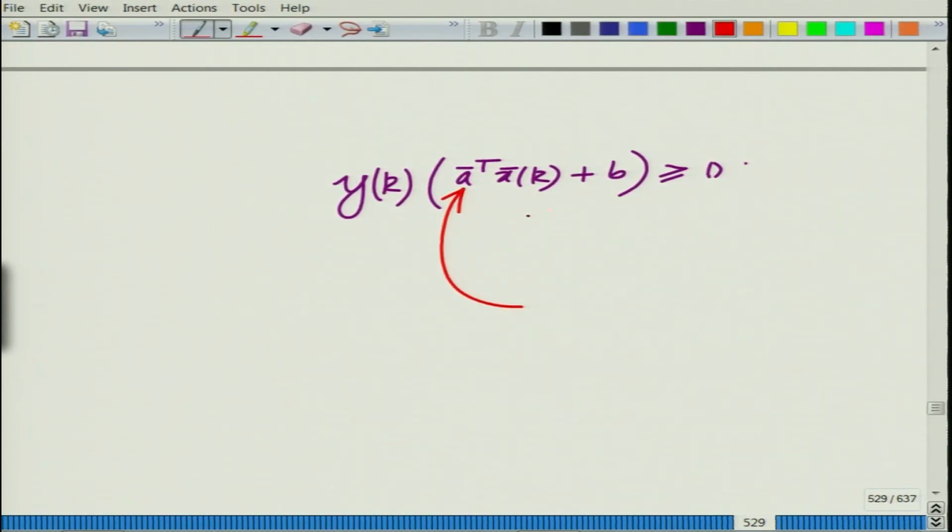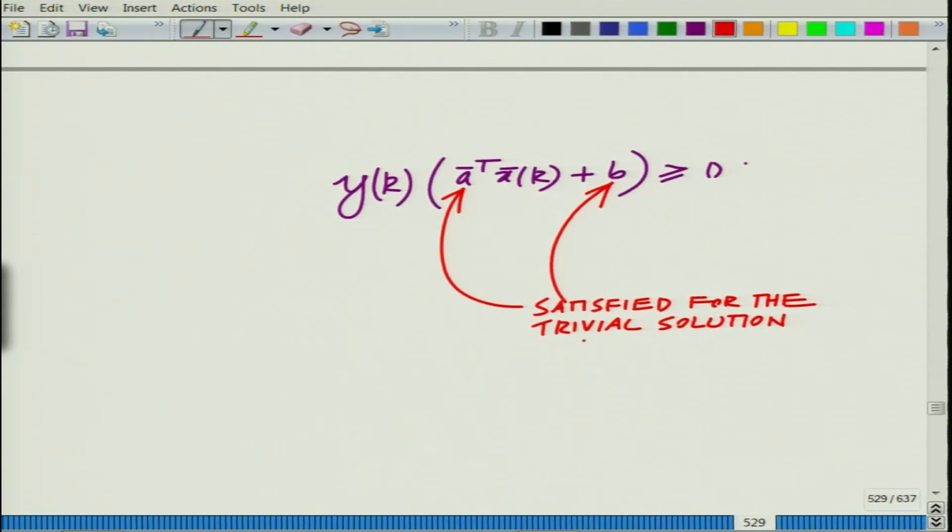This is satisfied for the trivial solution a bar equal to 0, b equal to 0. Therefore, we cannot have this, we will have to tweak this a little bit, because otherwise if you simply say greater than or equal to 0, I can simply set vector a bar equal to 0, b equal to 0, then this is always equal to 0.